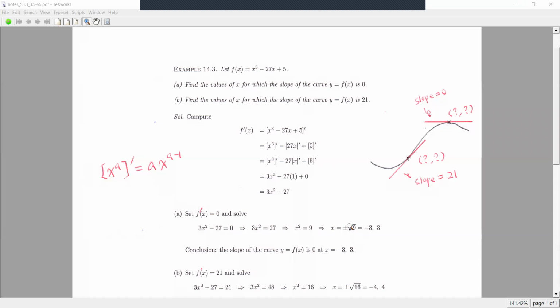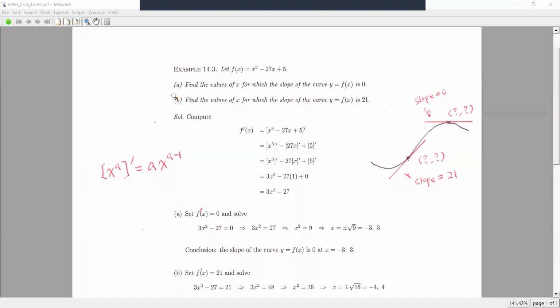When you take square root, don't forget adding plus, minus here. So there are two x values, -3 and +3. Their derivative is 0. Derivative is slope of tangent line. So at these two x values, the slope of the graph of the function is 0.